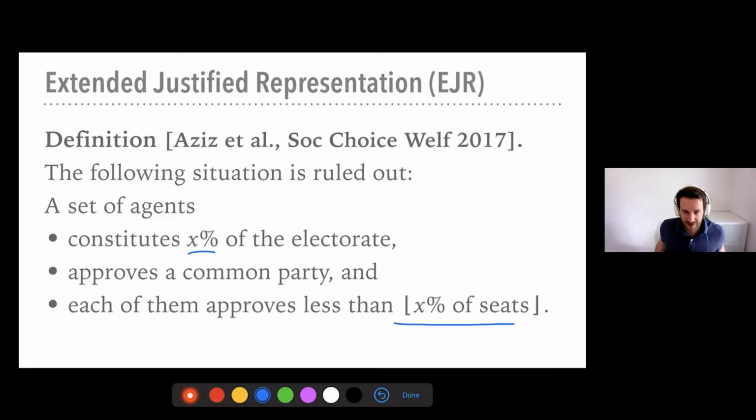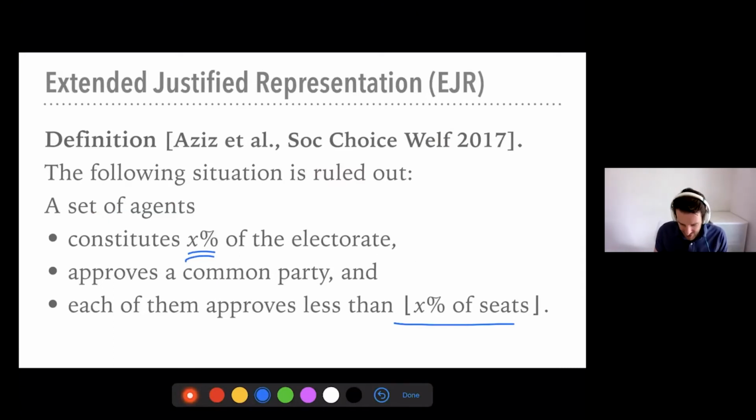Okay, so basically this is saying that if we have a group of that size that can be made happy together, then they should be made happy. So at least one voter should be happy. And if this is not the case, then we have a violation of EJR.